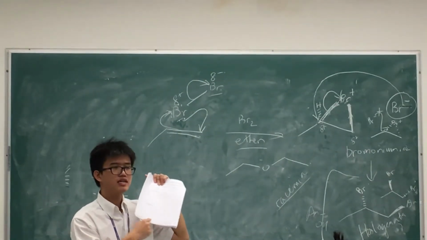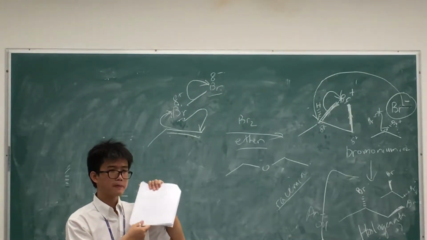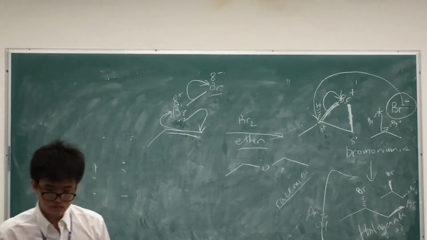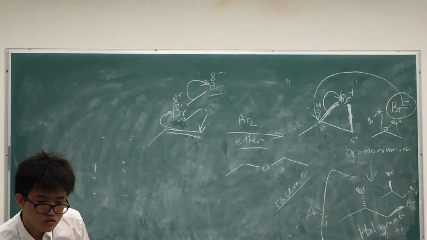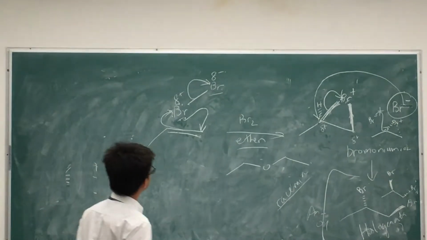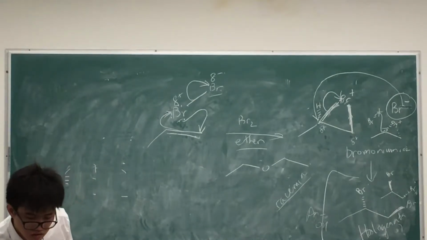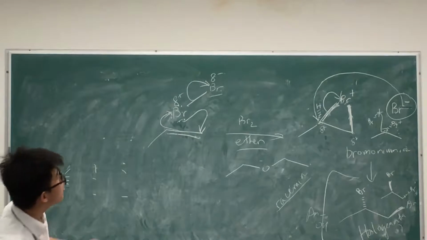Okay, now look at the reaction in your booklet. Can you run the reaction by yourself? Try it. Which ion do you mean? In this case, they form the bromonium ion, right?